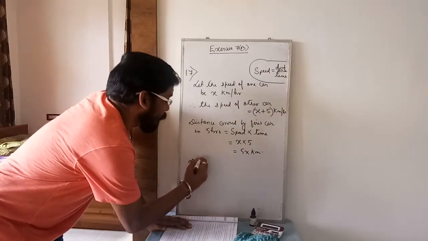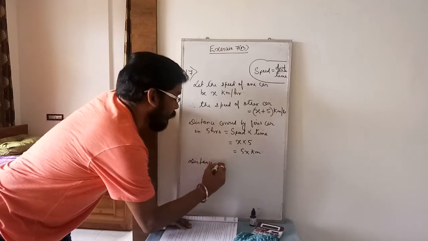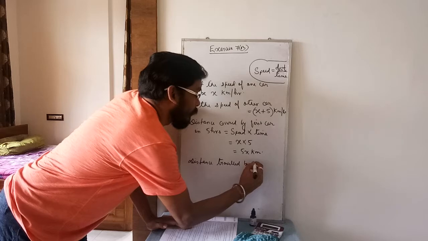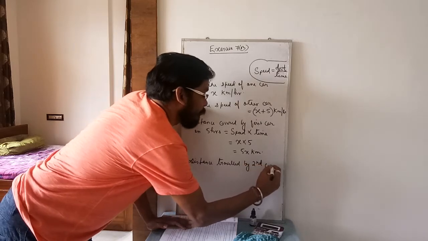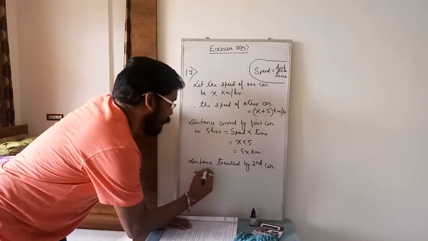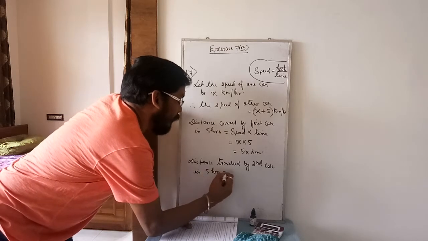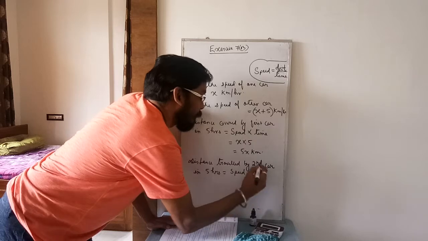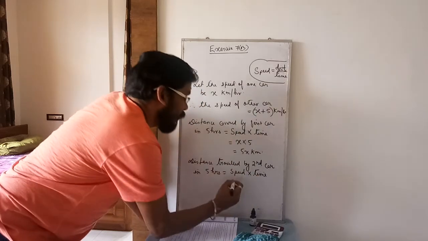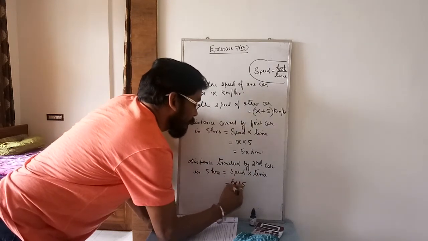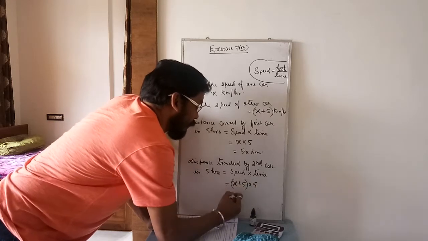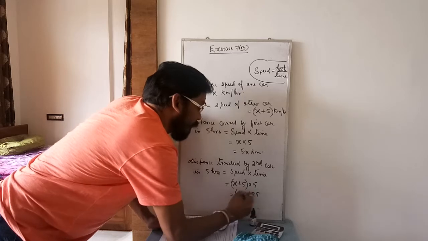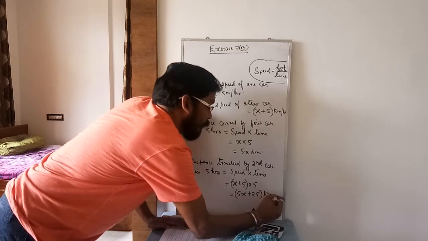Then distance traveled by the second car in 5 hours equals speed into time. The speed of the second car was x plus 5 and the time is 5. If you multiply it, it will be 5x plus 25 kilometer.